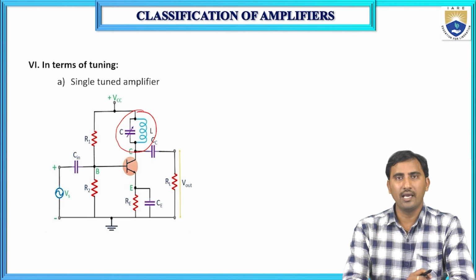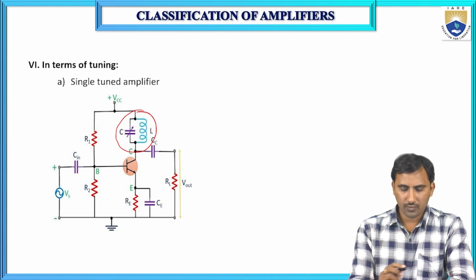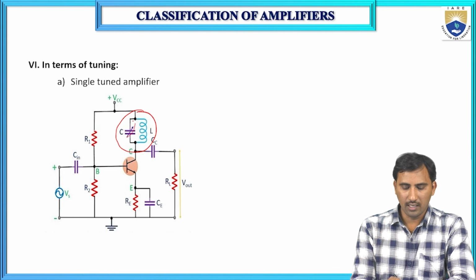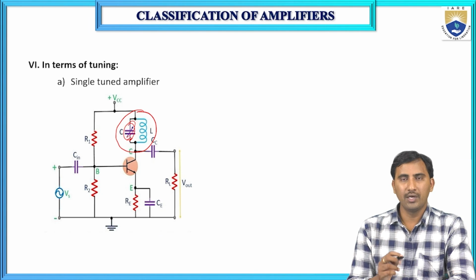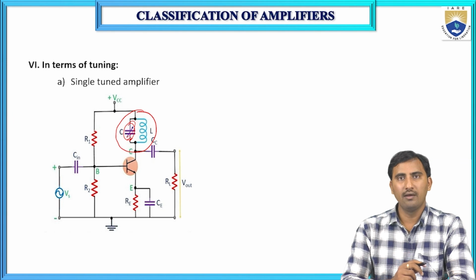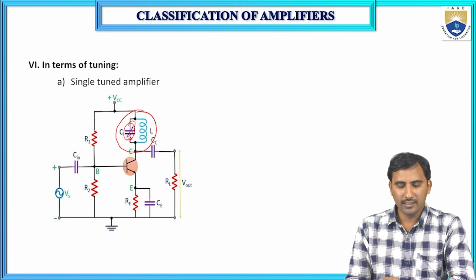So we need to select a particular frequency. By using these tuned amplifiers, we can select a particular frequency. By varying this capacitor C, it will select a particular frequency. That is a single-tuned amplifier.